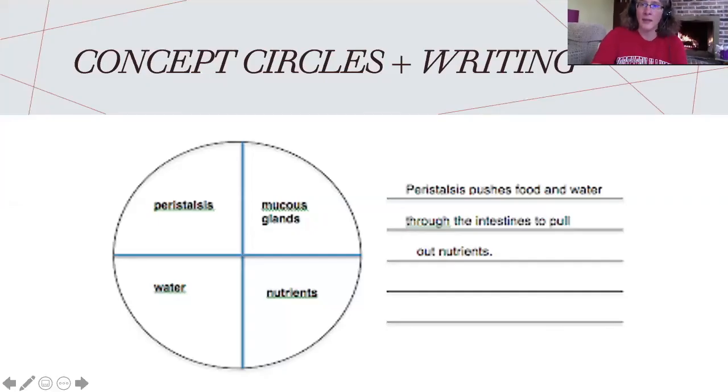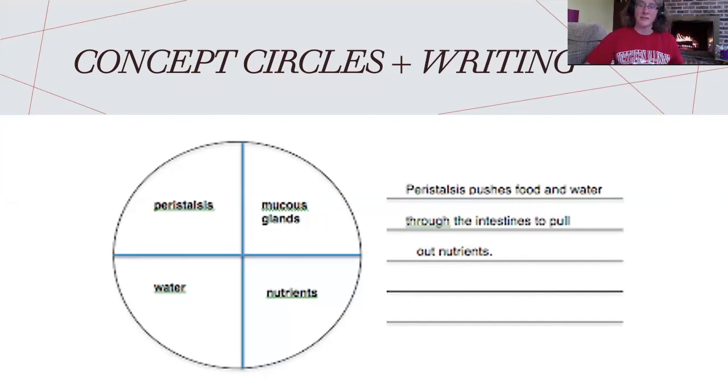But in some disciplines, particularly science, social studies, English language arts, or even health, a powerful point is where you're combining concept circles as a vocabulary tool with writing to learn. So in this case, we have peristalsis, mucus glands, water, and nutrients. Now we have three terms that go together and one that doesn't.